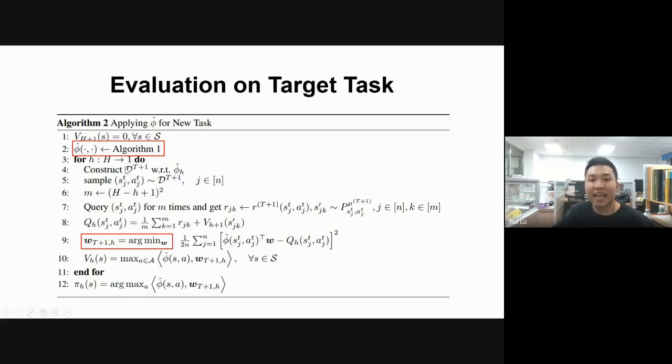You just get the phi from Algorithm 1, which is your learned empirically best phi at each level, and then you just optimize over this simple weight vector W. Then you get a totally new Q-value estimation from this phi hat of (s, a) and your learned W at each level h, and then you get a policy on the target task. What we want to know is how good this learned policy is on the new target task.